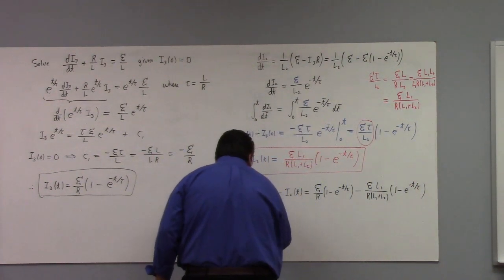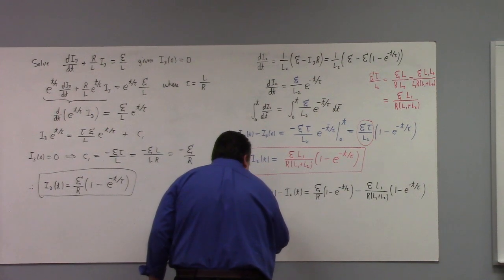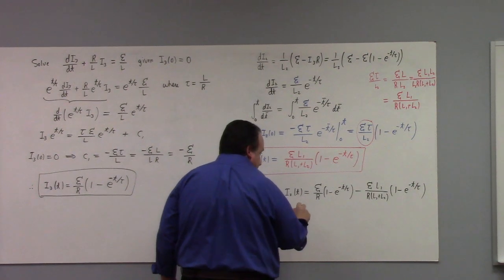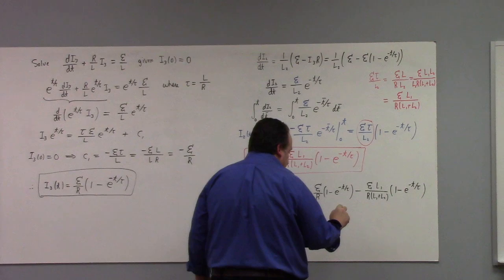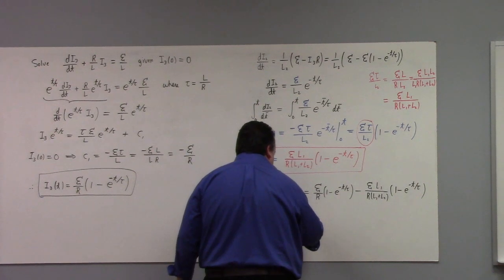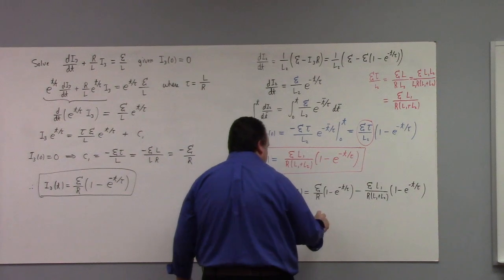And if you tilt your head and squint, you've got an E over R. I'll factor that out, and we're going to have a 1 minus L1 over L1 plus L2, right?